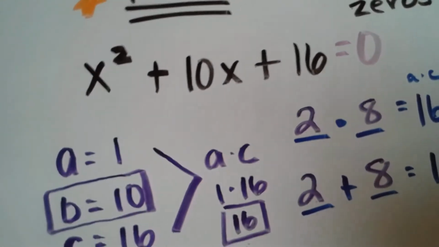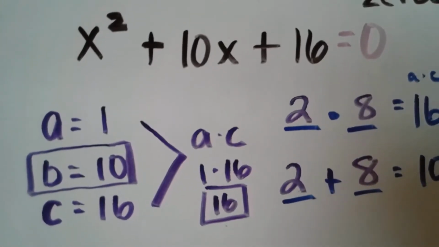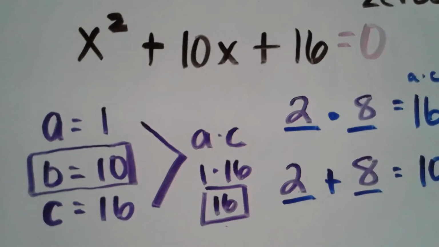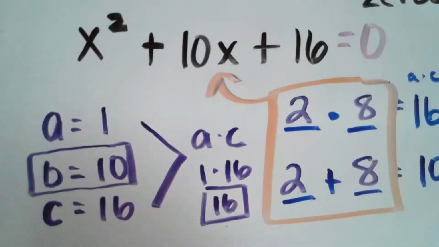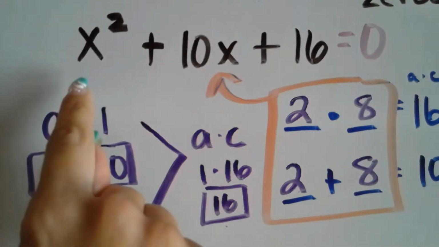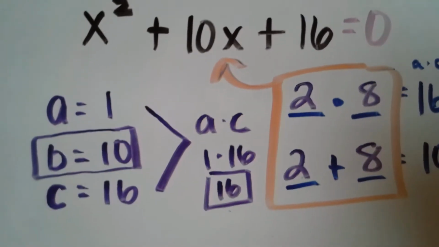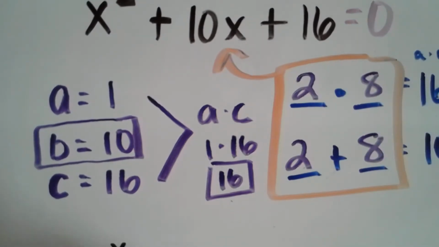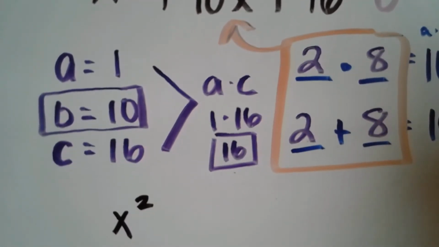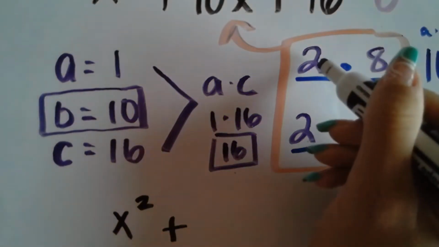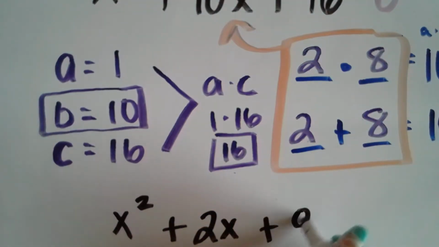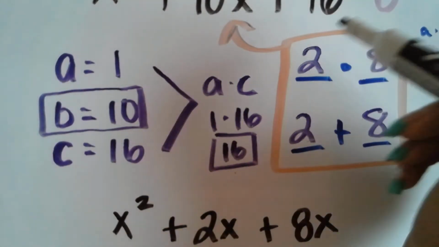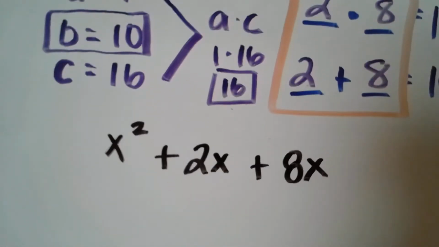So let's get into factor by grouping. That's our next step. Remember that these two new numbers replace our B, so we can have 4 terms. So we're going to take our A and write it down here as x squared, plus 2x plus 8x, and then plus our c, which is 16.